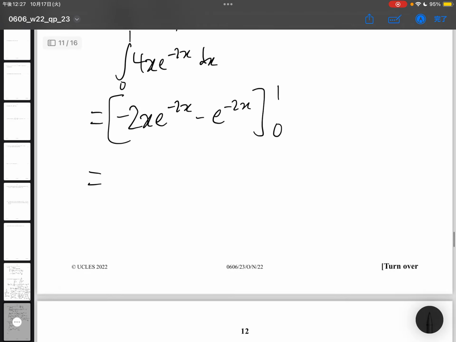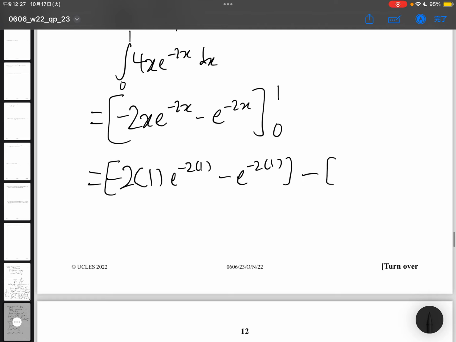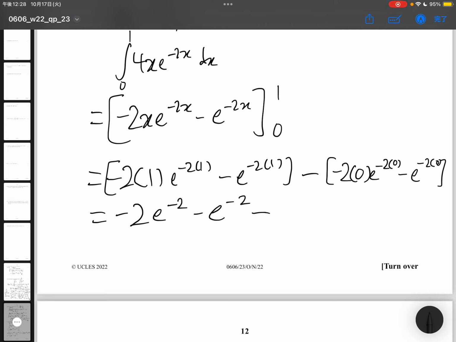So it will be negative 2 times 1 times e to the power negative 2 times 1, minus e to the power negative 2 times 1, minus, and then the other side I have negative 2 times 0 times e to the power negative 2 times 0, minus e to the power negative 2 times 0. On one hand, I'll have negative 2e to the power negative 2 minus e to the power negative 2.